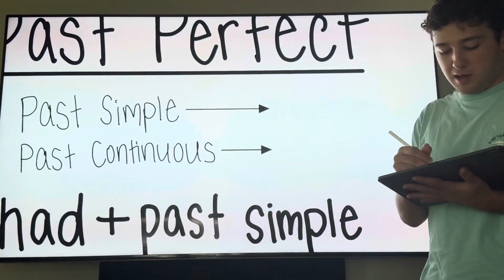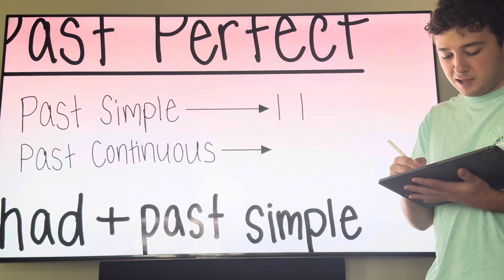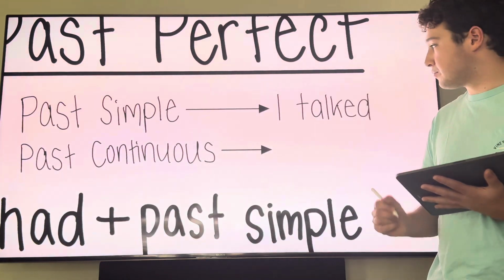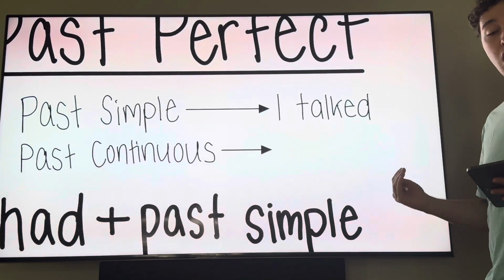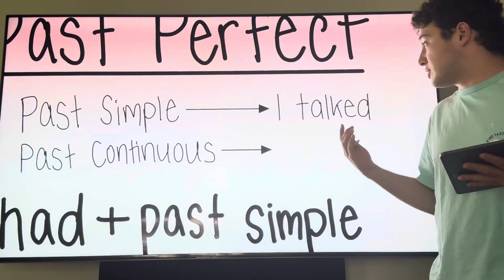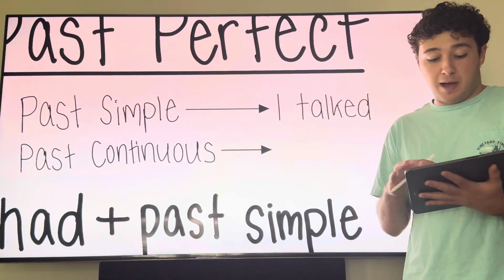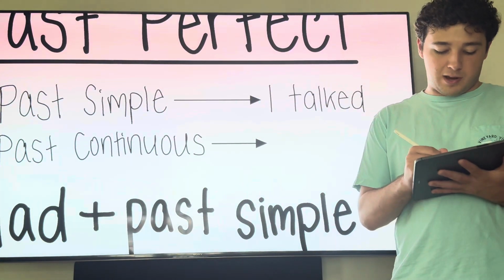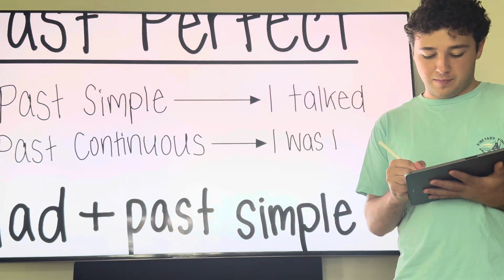Past simple would be I talked, because that's just one specific action that happened in the past. The past continuous is a little bit similar, and it would have been I was talking.